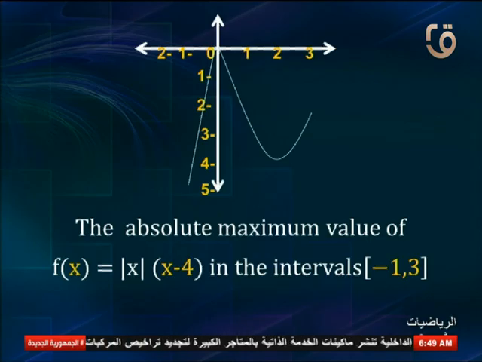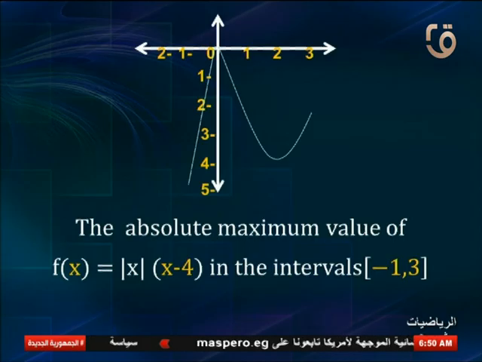Then when x belongs to the closed interval [−1, 3], we substitute x equal to 0 or 1 or 2. Then find f(0) and f(−1) and f(3). The absolute maximum is the highest value. The absolute minimum is the lowest value.